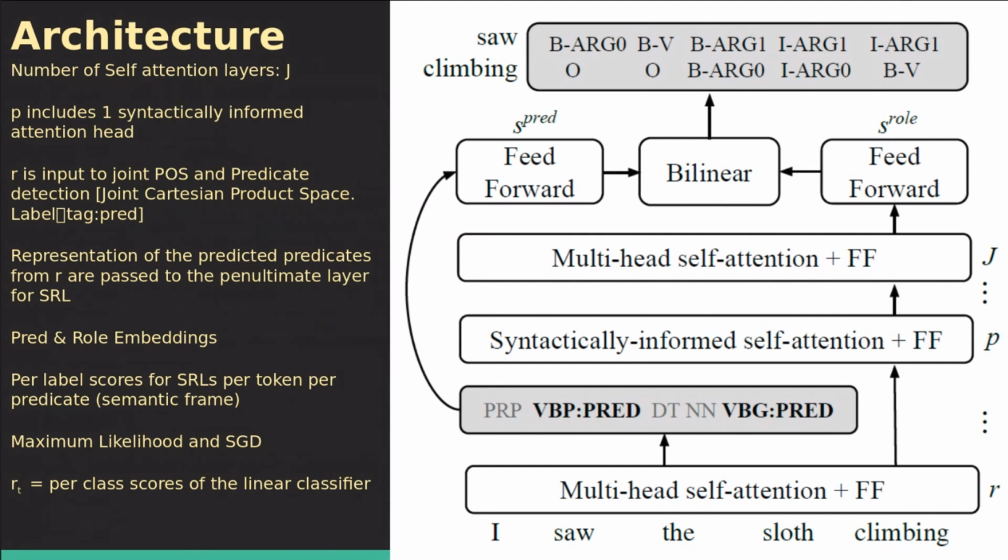All right, so this is the architecture. Basically, it starts with a tokenized sentence: I saw the sloth climbing. You have one layer of multi-head self-attention. We get to the details of what it is mathematically. Then you have this joint space of predicate and part of speech tags.